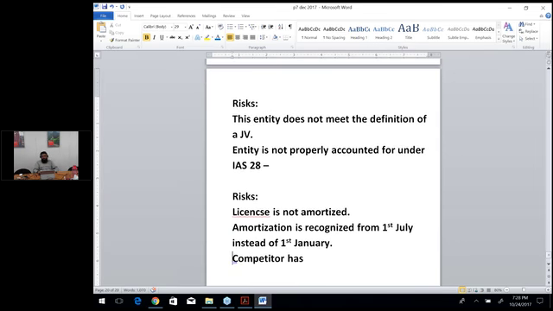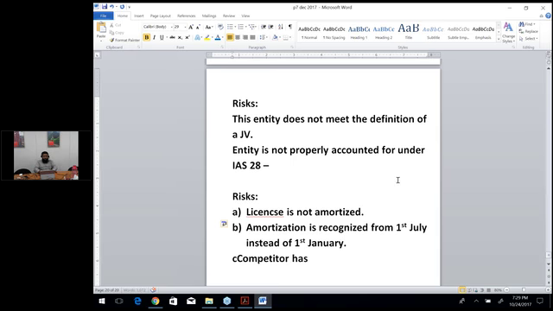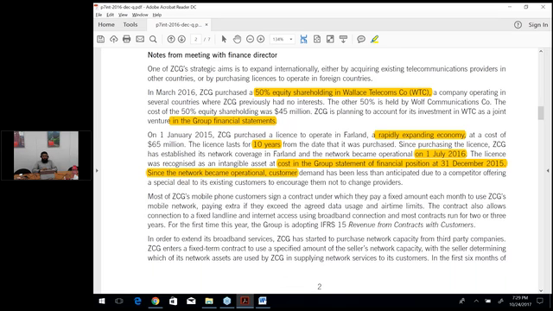So the various risks are: number one, the license is not amortized. Number two, amortization is recognized from 1st July instead of 1st January. Number three, the competitor has offered a special deal to encourage customers not to change providers.